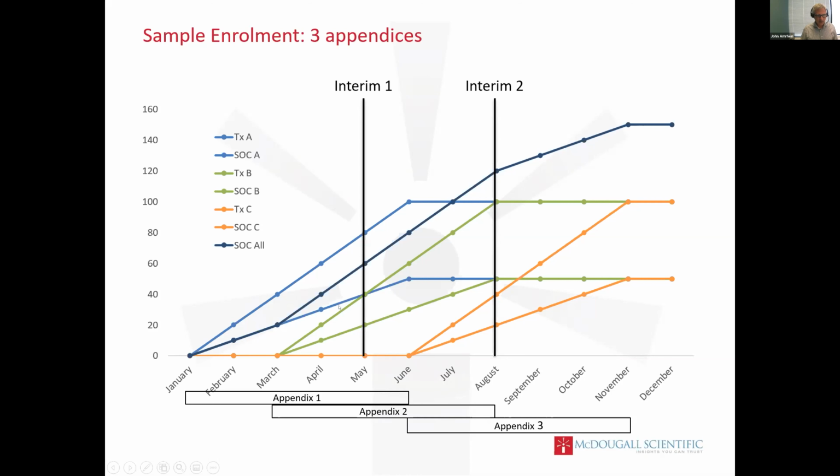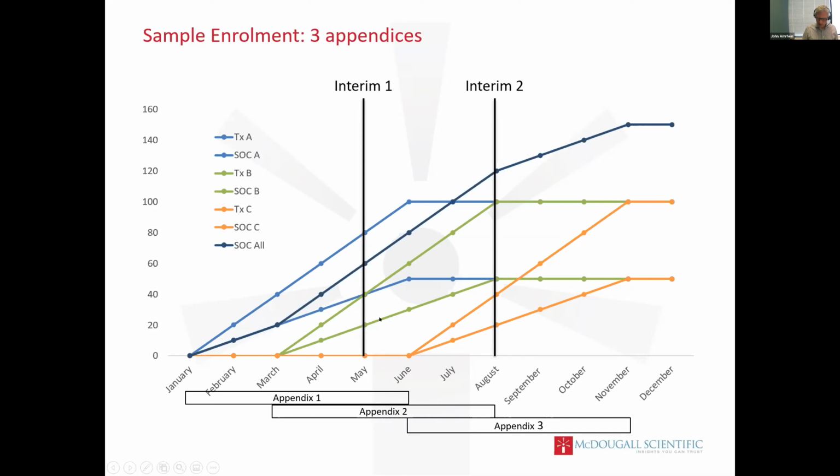We conduct an interim. Based on this interim, we might start a new appendix. This graphic shows standard of care B starting a couple months after standard of care A, and it has a small standard of care arm and its own treatment arm for treatment B.